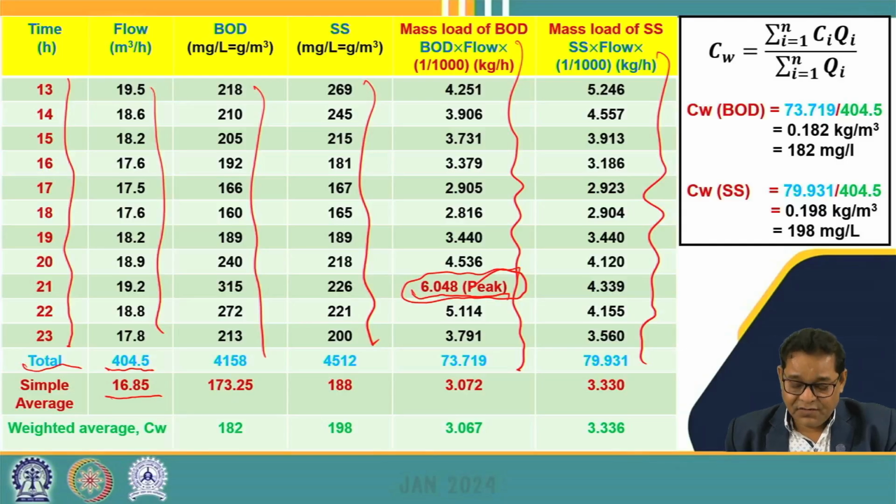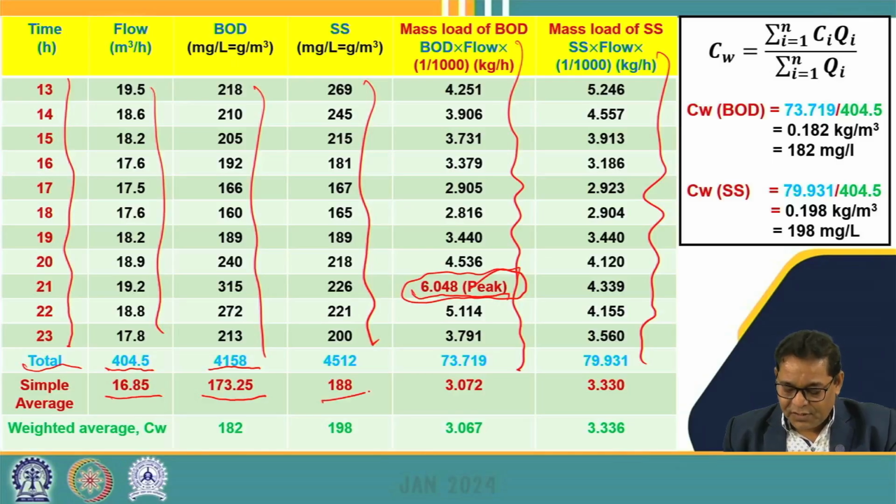16.85. Similarly for BOD also, this is the total BOD, the summation of all the BOD values, and then if we divide by 24, this will give us the simple average value, that is 173.25 milligram per liter.